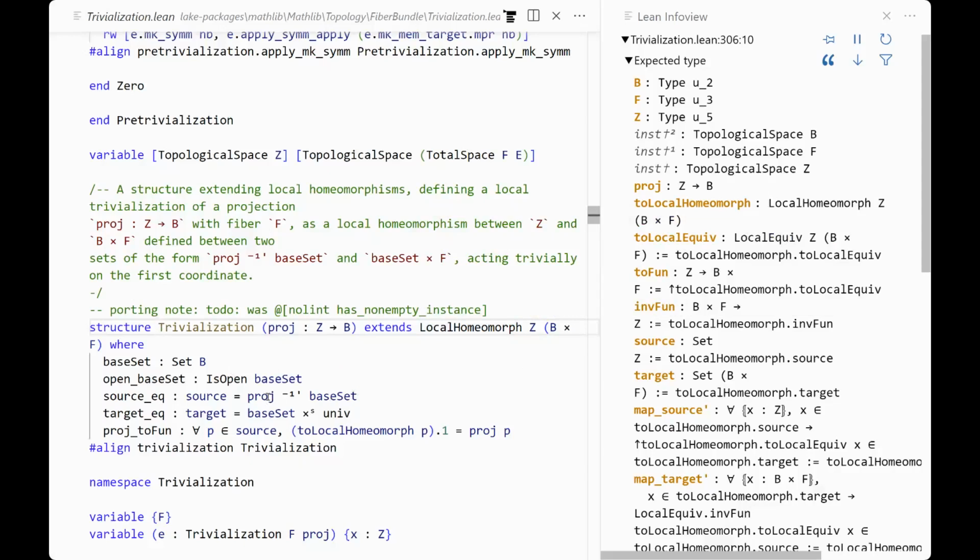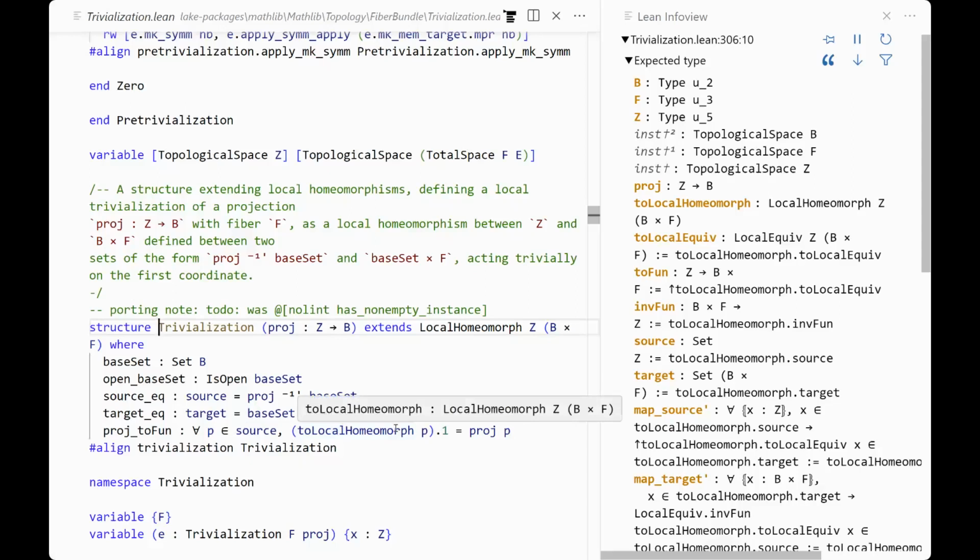The source of the map must be the pre-image of the projection map over the base set A. And the target must be A cross the universal set of F, so that is this base set cross univ. Oh, and it must commute with the projection map.